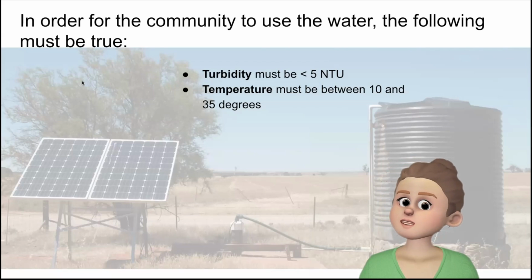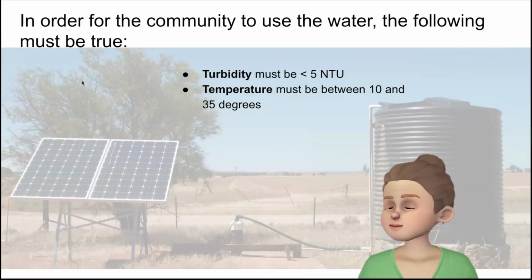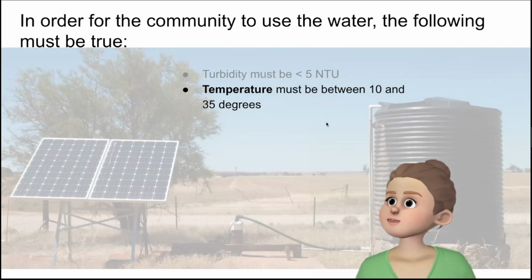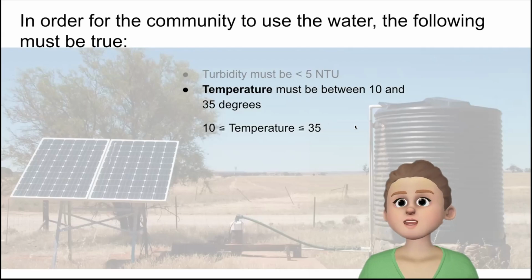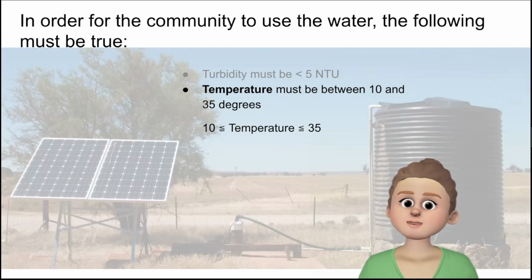If it's below 10 or above 35, there could be microbes growing in the water that could be dangerous. So we're just going to concentrate on temperature here for a minute, and we'll come back and add turbidity after we talk about temperature.